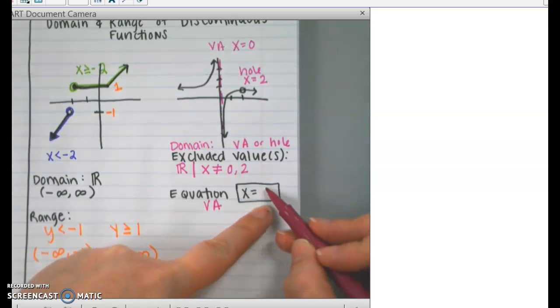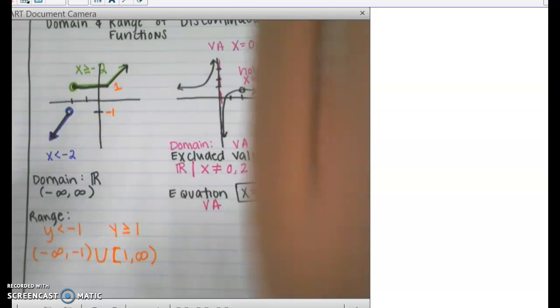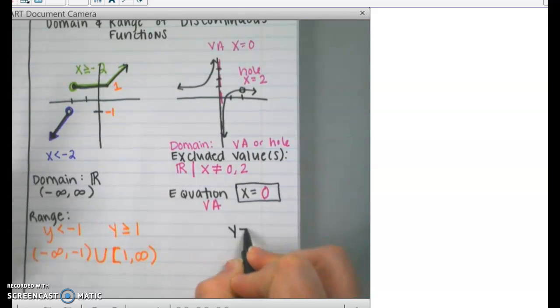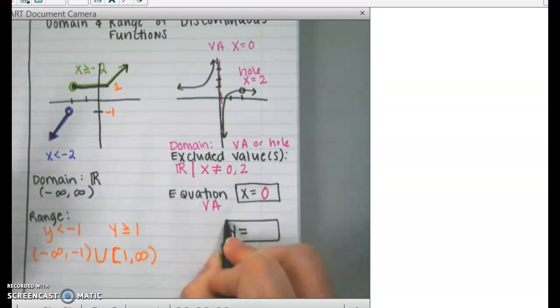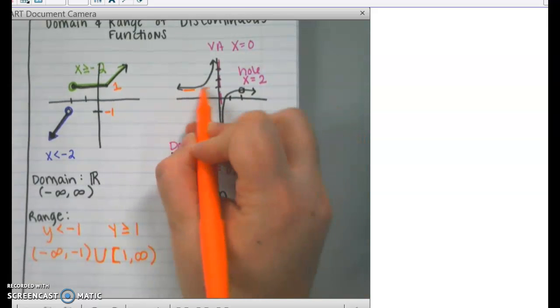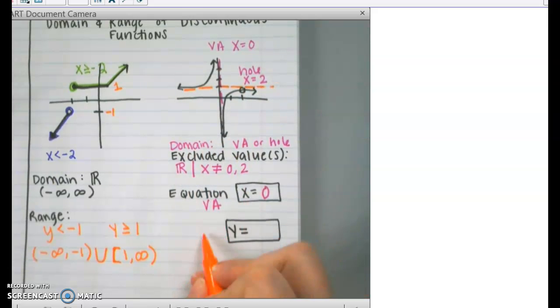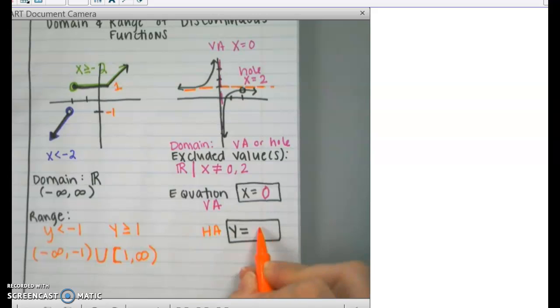So in my case, it would be x is equal to 0 because that's where I have a vertical asymptote. The horizontal asymptote is y equals, and it looks like I have a horizontal asymptote at 1. So my equation is y equals 1.